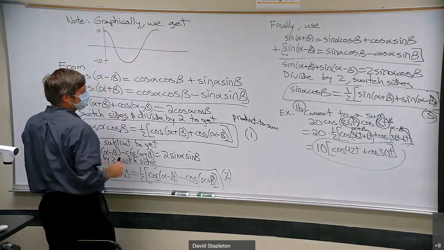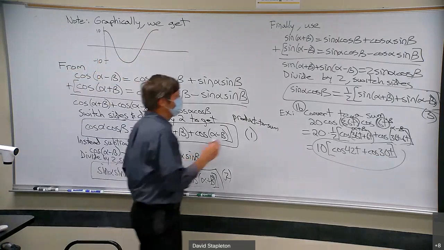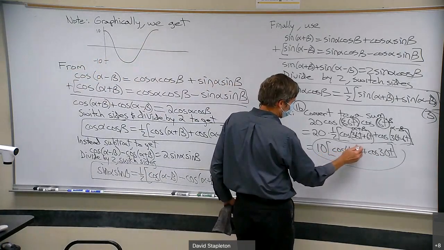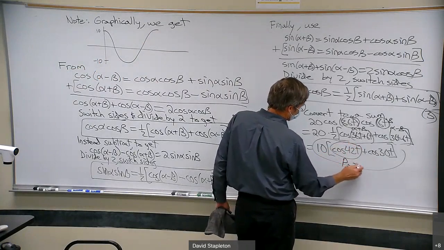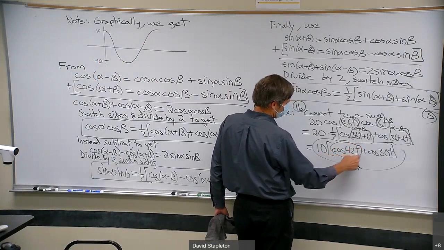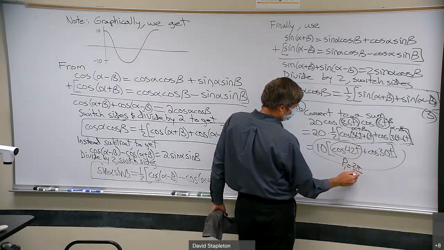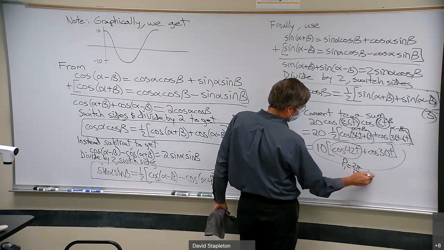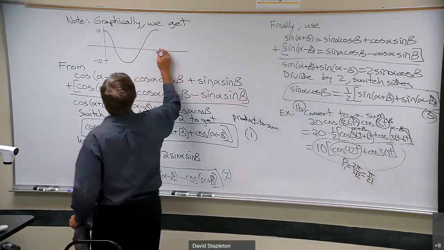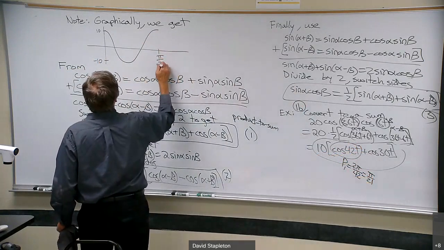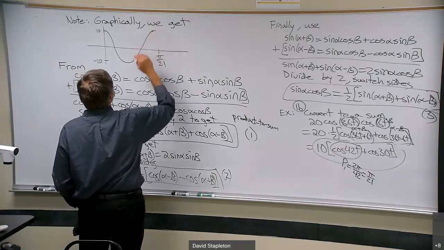Right? And so cosine 42t, what does this have a period? From the 42t, period of this thing ought to be 2 pi over b, right? This is a cosine bt, and c and d are 0, so there's no shift. 2 pi over 42, pi over 21. So this completes a period at pi over 21, we can figure. And it looks like that. It goes between plus and minus 10.